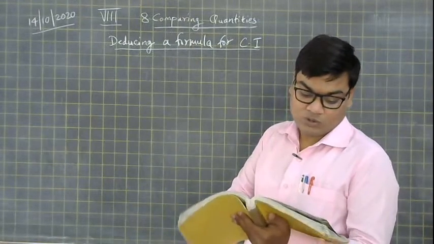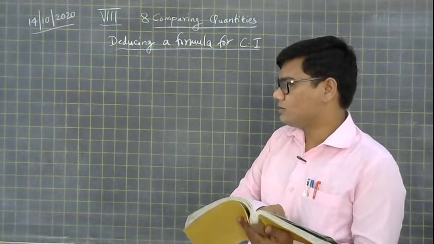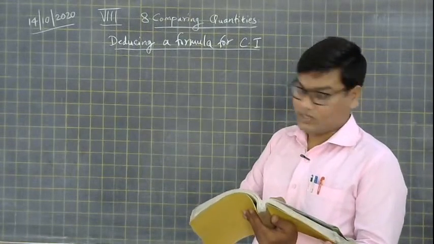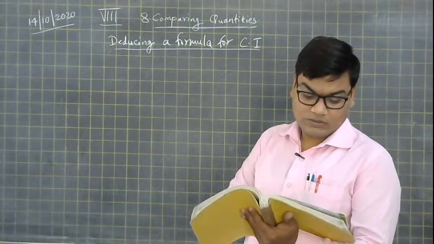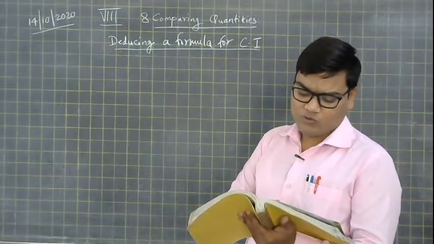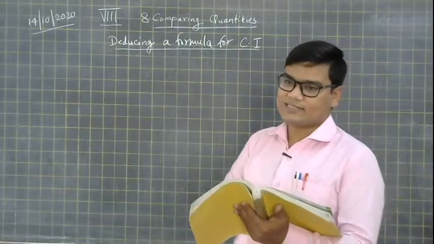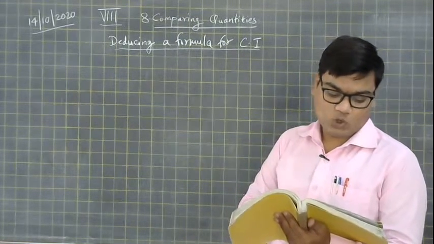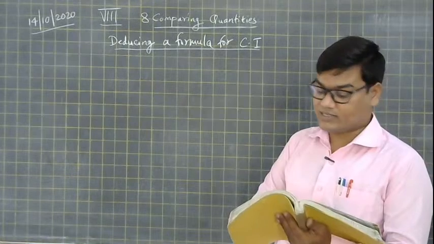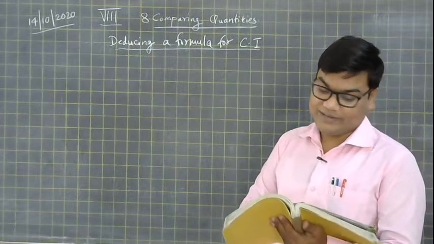Okay, so Zubeda asked her teacher, is there an easier way to find compound interest? The teacher said there is a shorter way of finding compound interest. Let us try to find it.